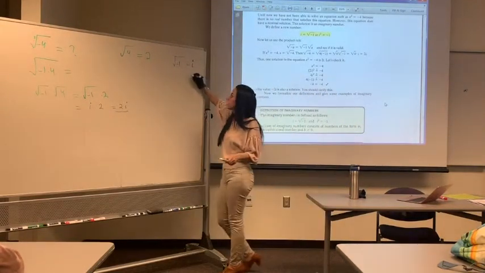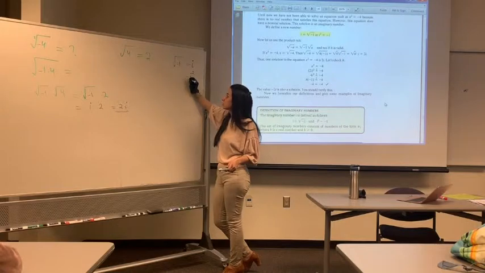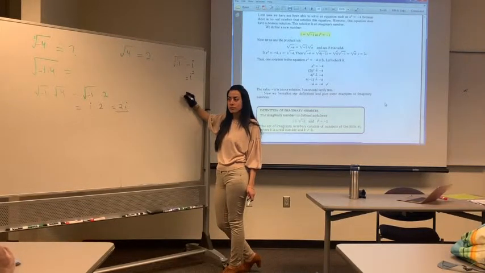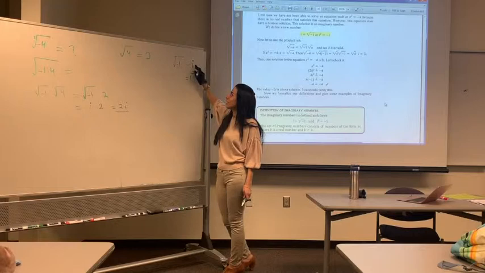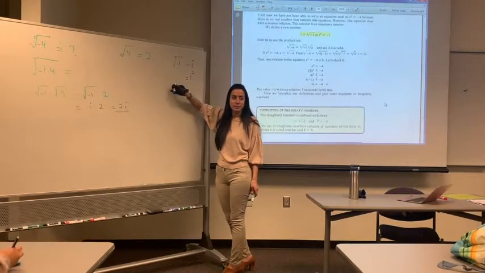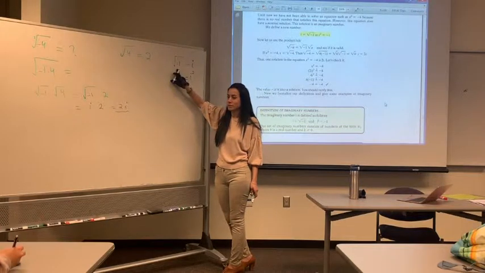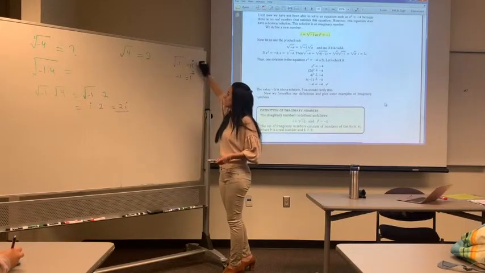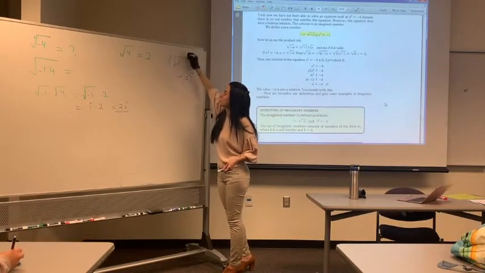So what is i power 2? What is that? i power 2 means i squared, right? So what comes out from here? -1. -1 comes out if you say this one power 2, this one power 2.